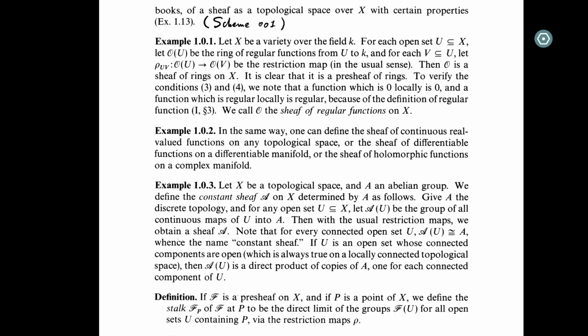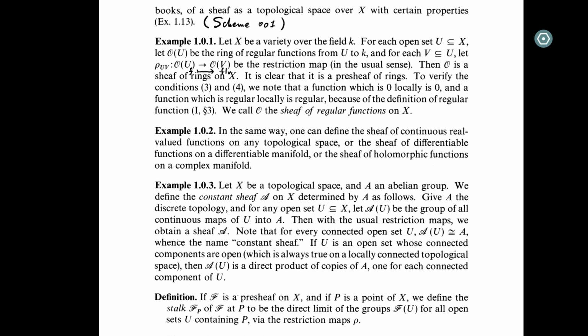First, let X be a variety over the field k. For each open U inside X, let O(U) be the ring of regular functions from U to k, and for each V contained in U, let rho_UV just be the restriction map. For a regular function, you know what it means to restrict to V. By the restriction maps, O is a sheaf of rings.